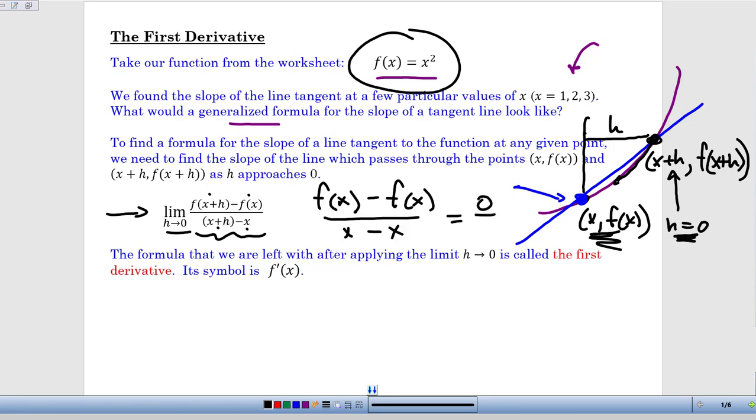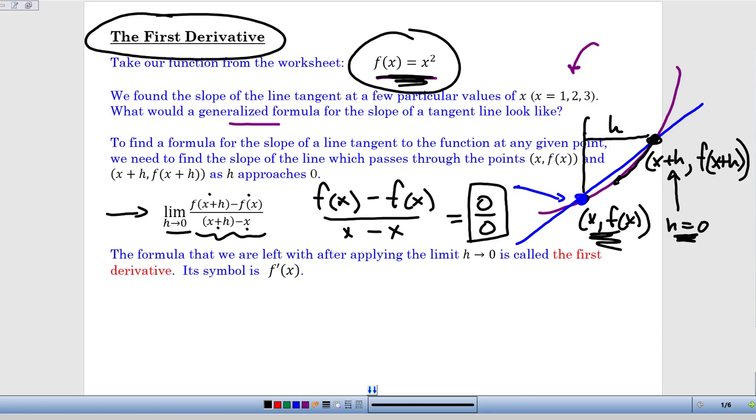And so we'd end up with 0 over 0, which is a problem, but it's a solvable problem, because if we recall, whenever we get this indeterminate form, 0 over 0, that means that we have a removable discontinuity. So we're going to have to remove that discontinuity, and if we can do that, then we can apply our limit, and we'll end up with this formula known as the first derivative of the function that we're working with. The first function we'll apply this to in just a moment is x squared.